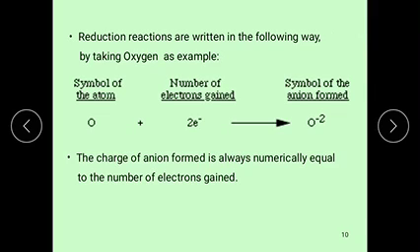Here also it forms the anion. This is a reduction reaction.